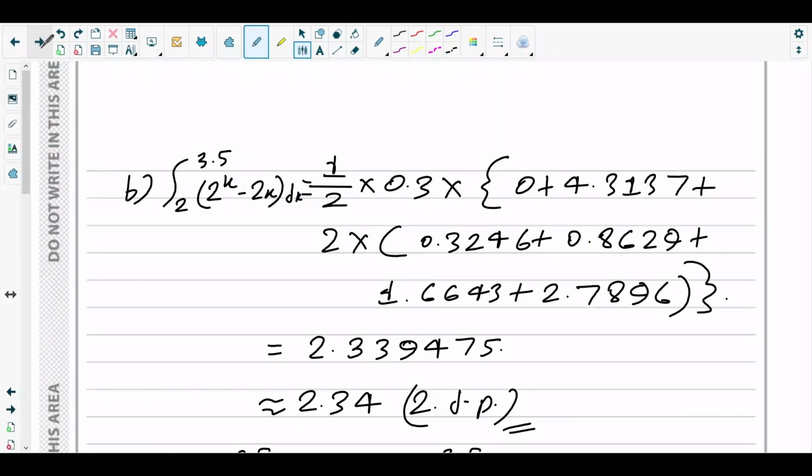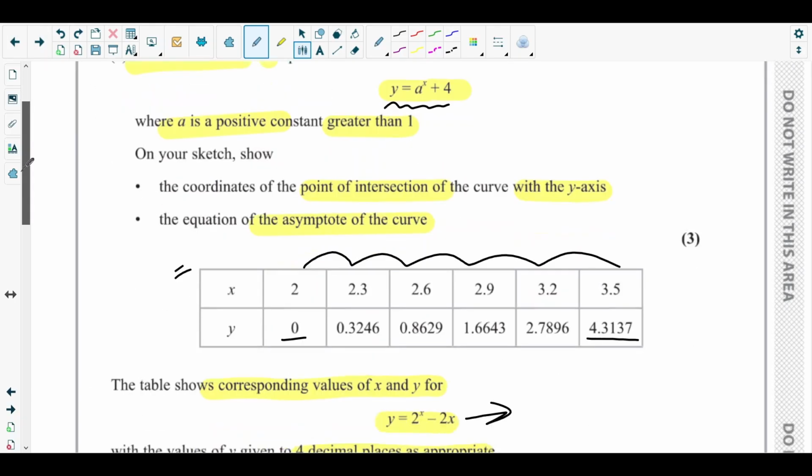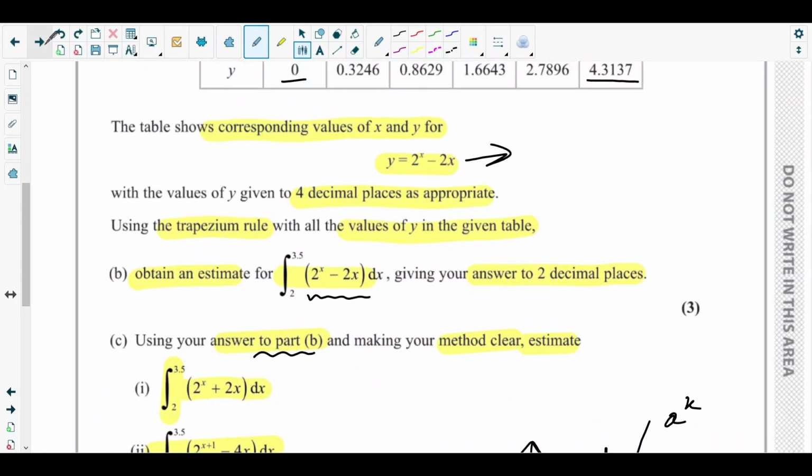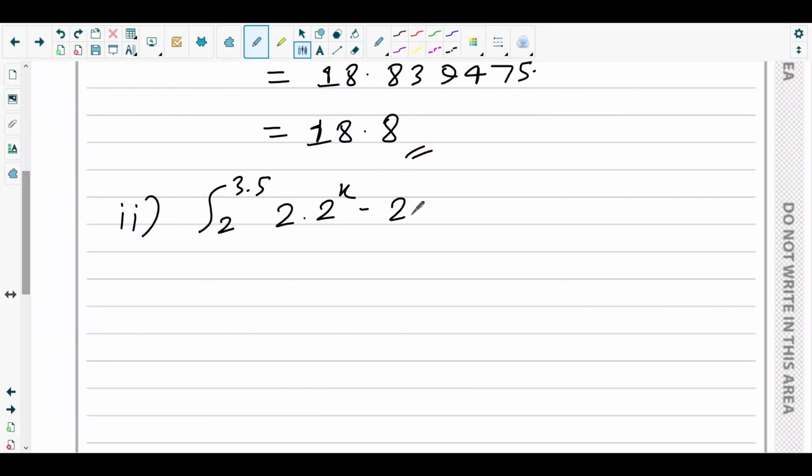Let me write it down on the next page. 2 to the power x plus 1 can be written as 2 times 2 to the power x, and negative 4x can be written as negative 2 times 2x dx.